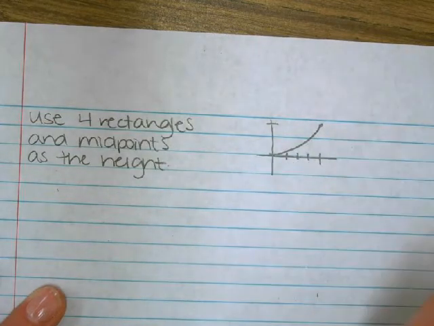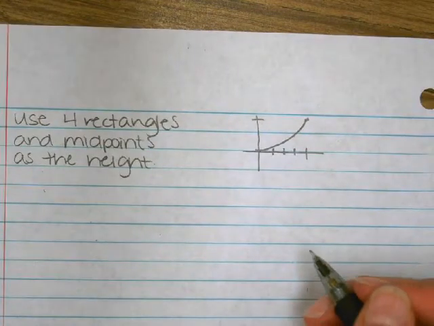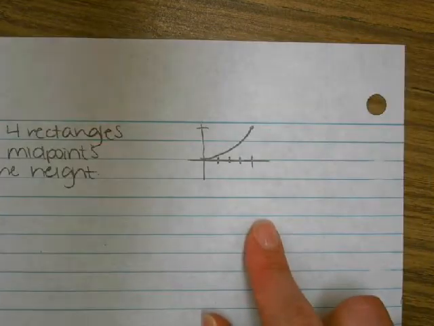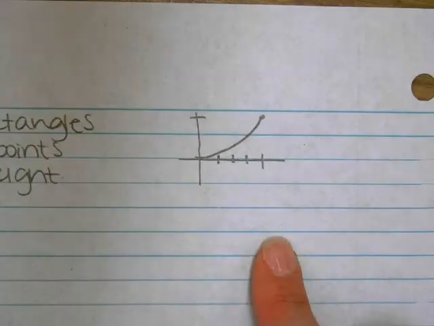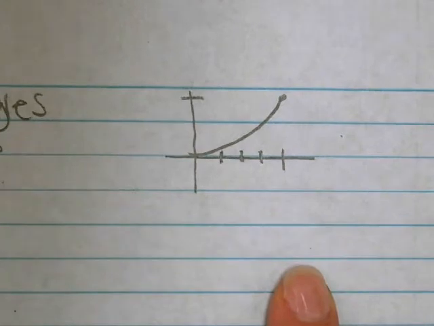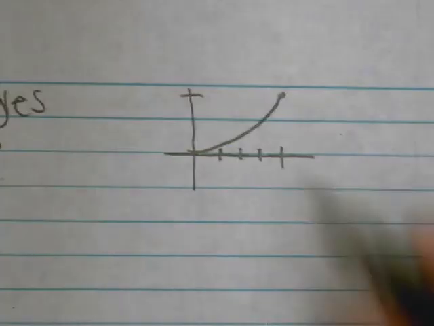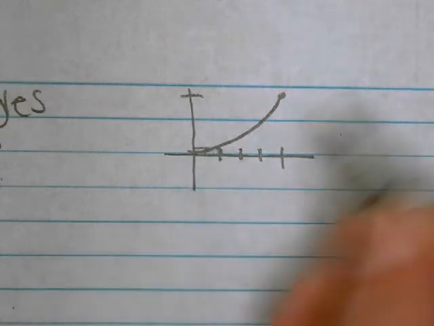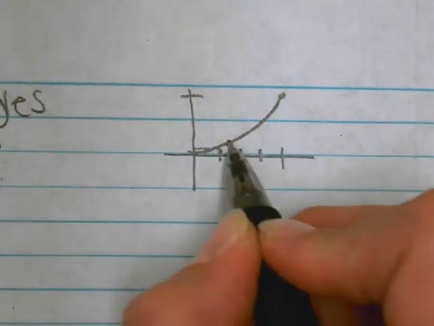Okay, so this time, when we make our little rectangles in here, we're going to make the height of the rectangle based off the midpoint, where the midpoint hits the curve. So the midpoint of the first one is about right there, and I'm going to build a little rectangle with that. And then there's the midpoint of the second one.